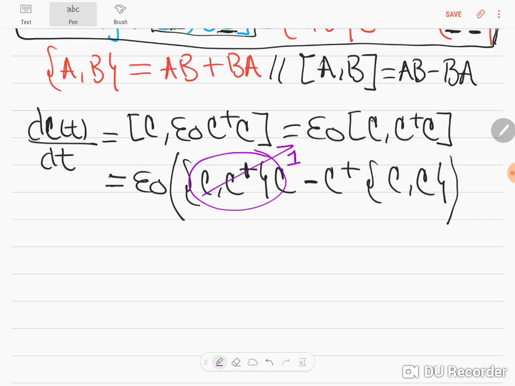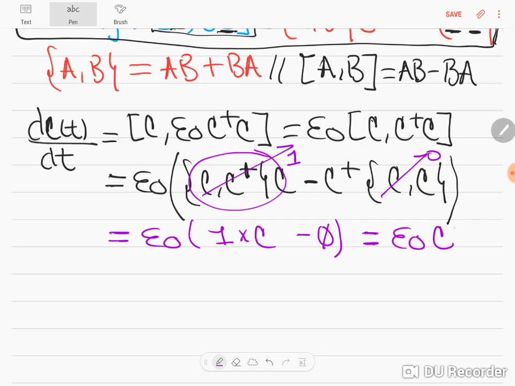Any other anti-commutator is equal to 0. So this is equal to 0 as well. It's another rule. So then we write this E0 times 1 times c minus 0. That's what we have, and this is equal to nothing but E0 times c.